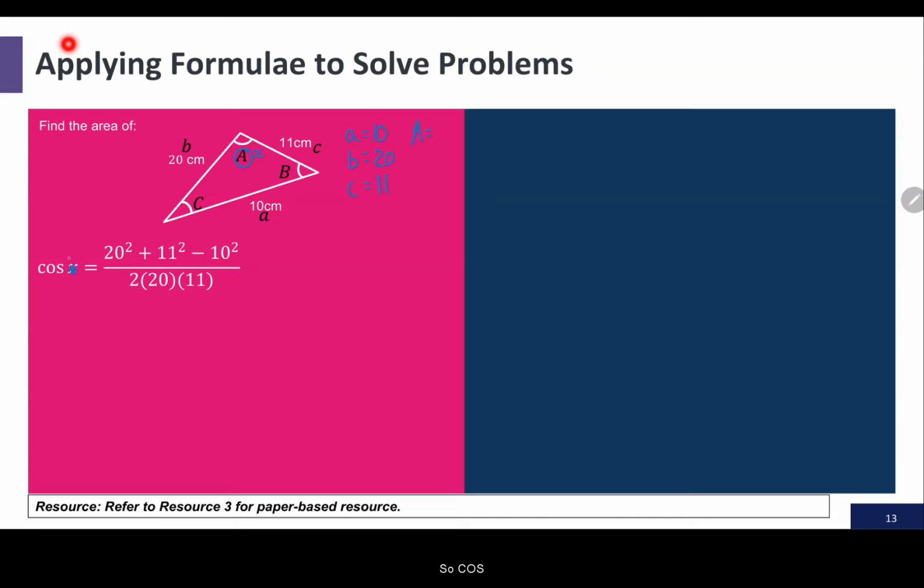Should have been an A. So cos x comes out as 0.9568. Then in my calculator, I'm going to inverse cos and use the ans button. So the angle there comes out as 16.90 degrees.